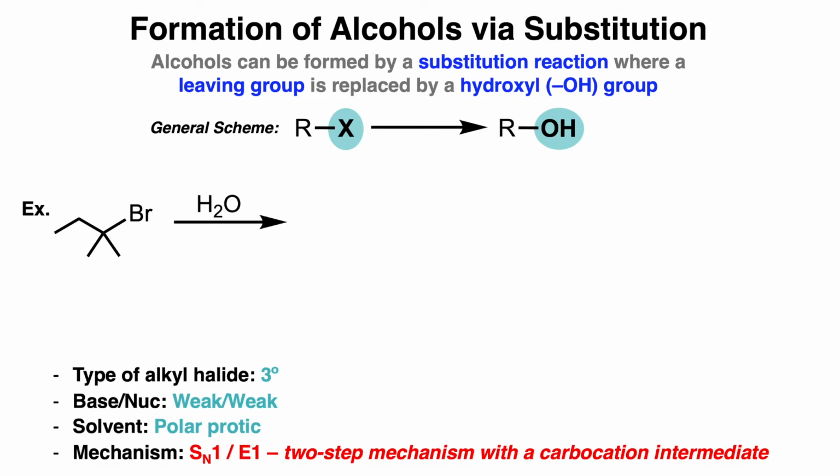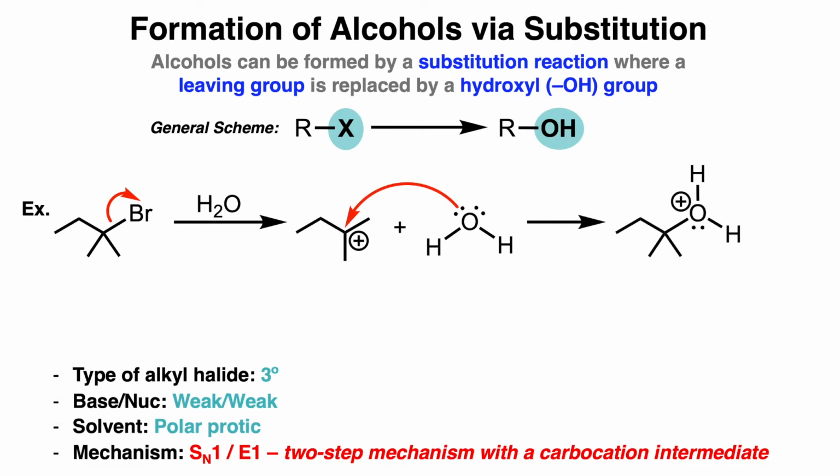Remember that SN1 is a two-step mechanism where first the leaving group leaves to form a carbocation intermediate, then a lone pair from the oxygen atom of water attacks the carbocation to form the following intermediate. Then in the last step, Br- comes back to deprotonate the extra hydrogen atom in order to form the overall neutral tertiary alcohol product.